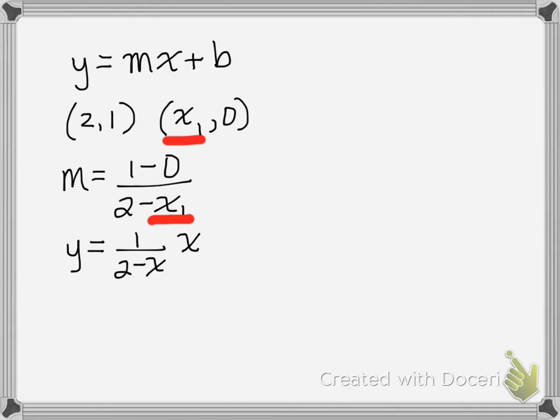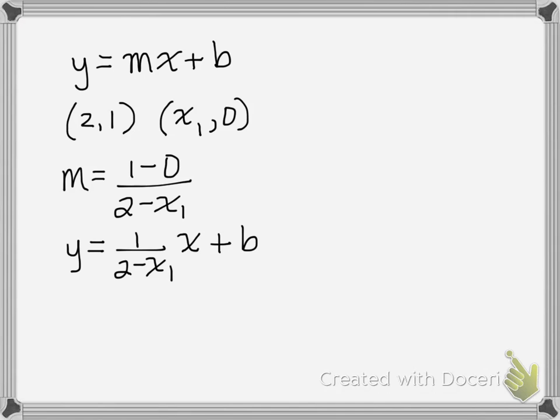Those are all x1s, which is just a label that I'm using for some specific x that is creating an x-intercept. You can see why it's important that I use this x1 all along, because now I've got x1 and x, and those are two different things. I don't want to think that those are the same thing.